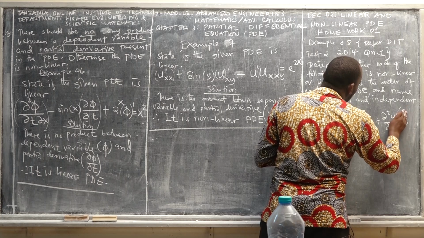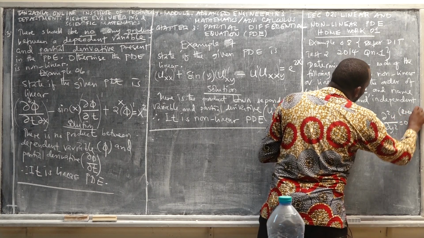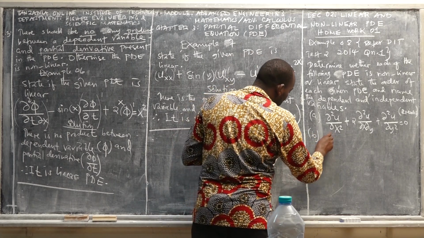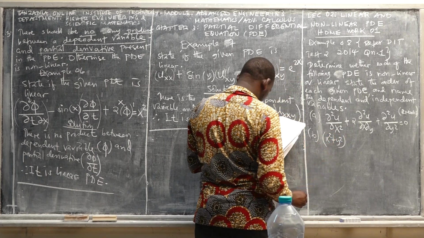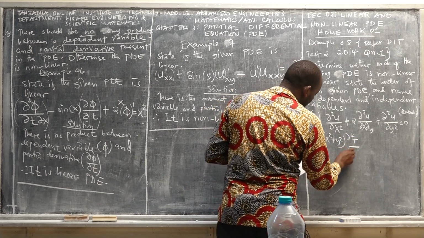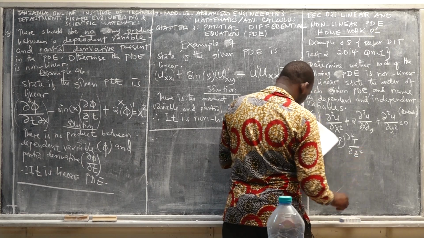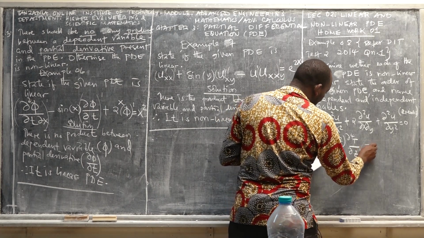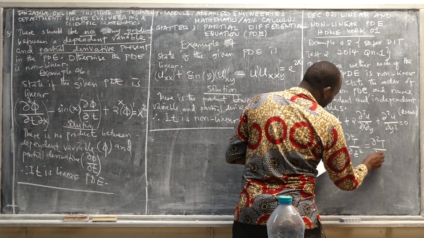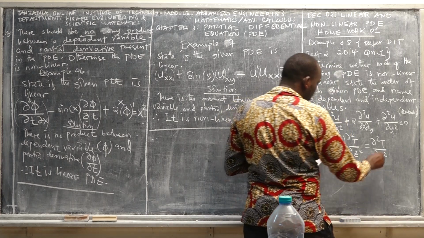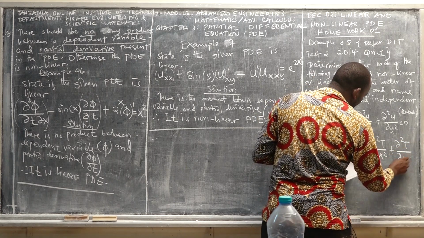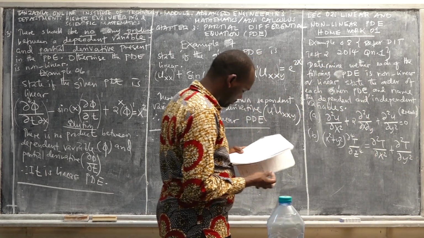If you solve this, you'll have 2 marks. (b) x squared plus y, then first derivative of t, first derivative of z, second derivative of t with respect to x plus second derivative of t with respect to y.